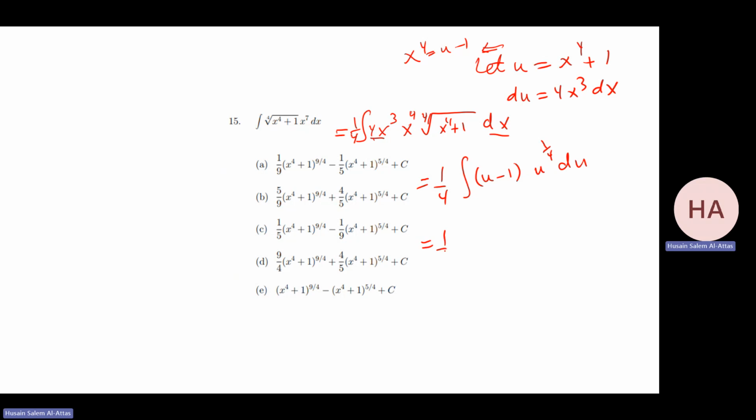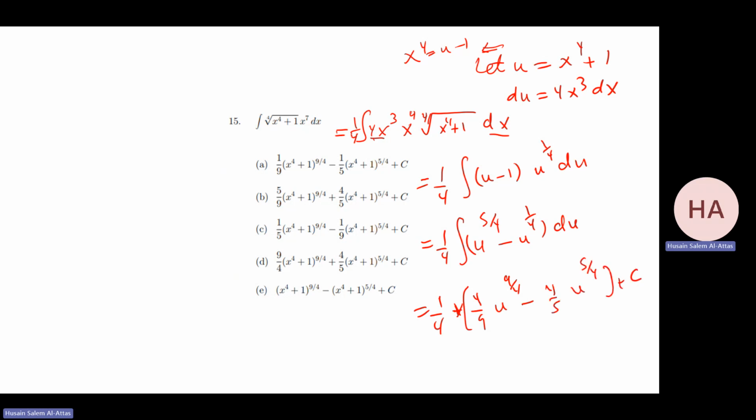So that will be 1 over 4 integral u to the power 5 over 4 minus u to the power 1 over 4 du, which is 1 over 4, add 1 plus 4 times is 4 over 9, u to the power 9 over 4 minus 4 over 5, u to the power 5 over 4 plus c.